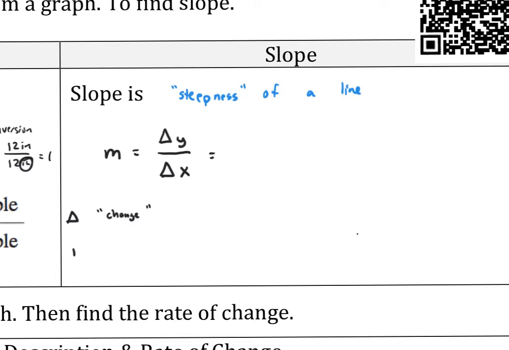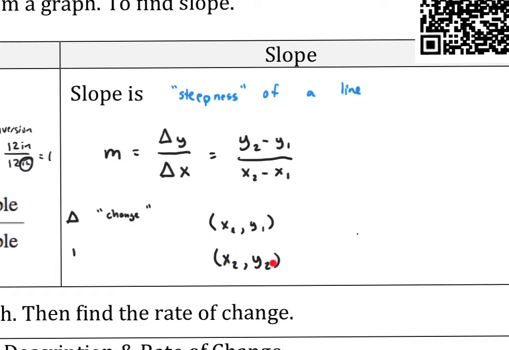All right, now how we say that is when we have 2 points, it's y2 minus y1 divided by x2 minus x1. And let me just write that out. This is x1, y1, and then you have x2, y2. So you have 2 separate points.